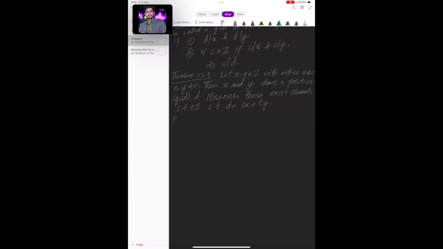And to prove this, you can give the proof of this. What we can do is introduce a set S, which is mx plus ny, given that m, n are integers, where mx plus ny is greater than 0.